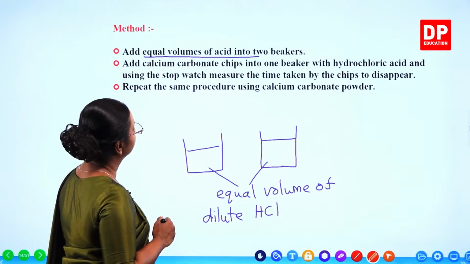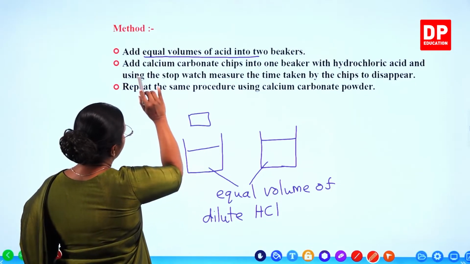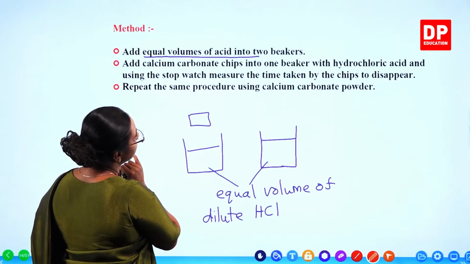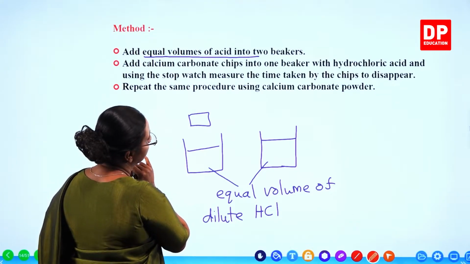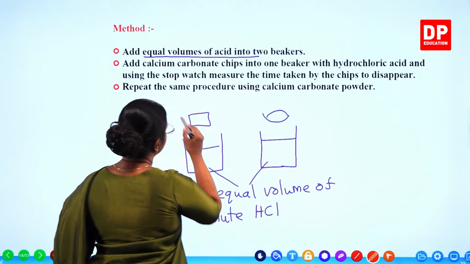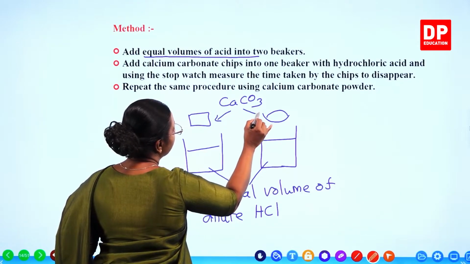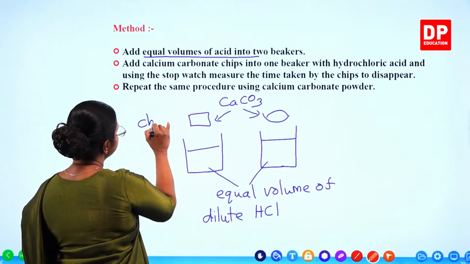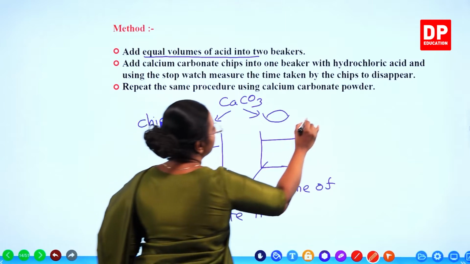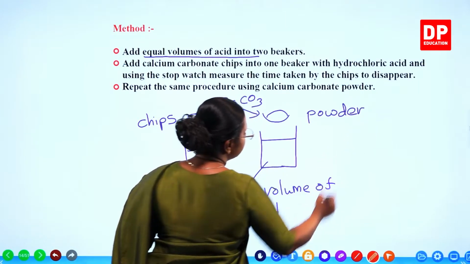Then into one, you put calcium carbonate chips. Then you put calcium carbonate powder. So both are calcium carbonate. This is chips. This is powder.